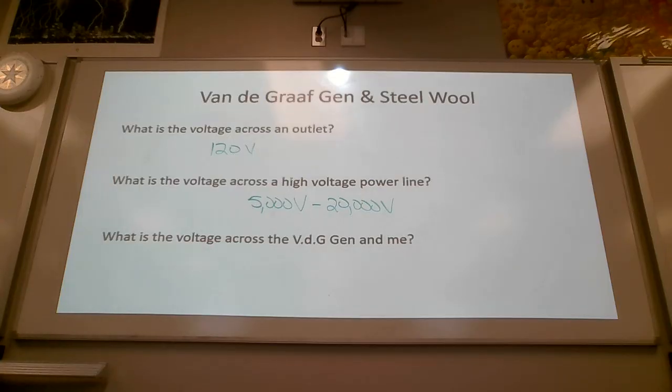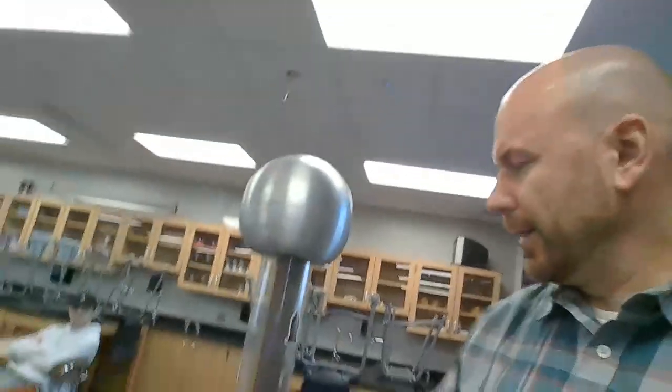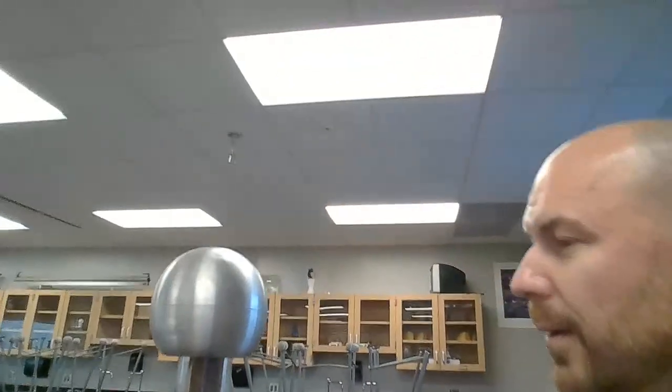The voltage on a Van de Graaff generator. When I turn this on, I'm estimating, but it's around 1,000,000 volts.